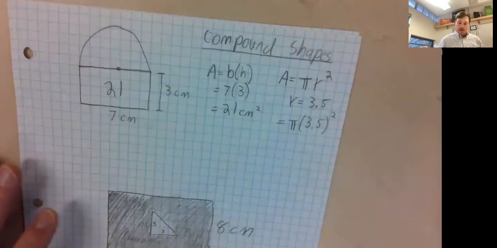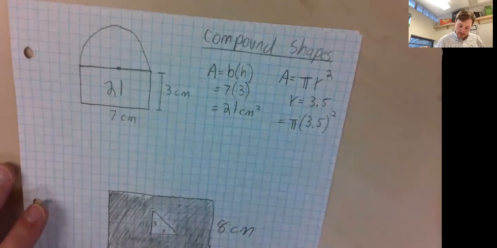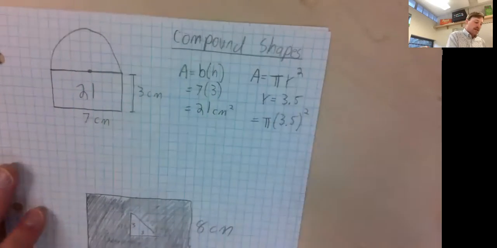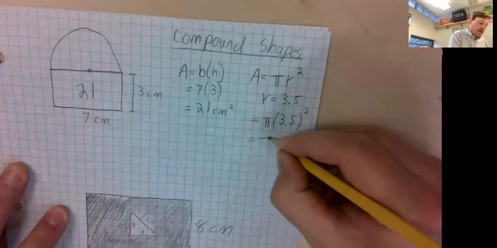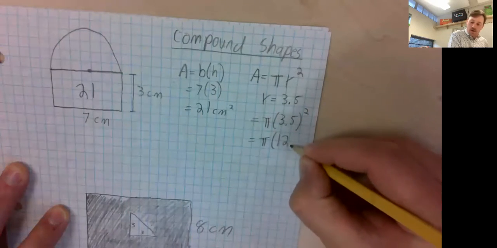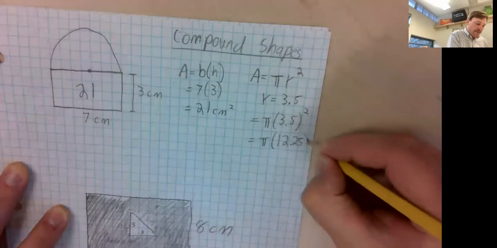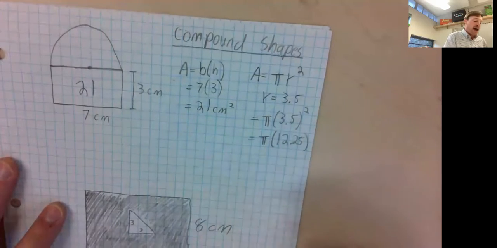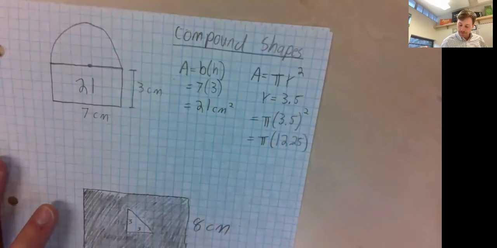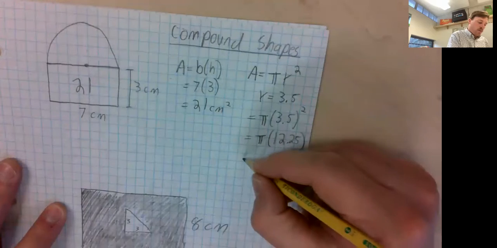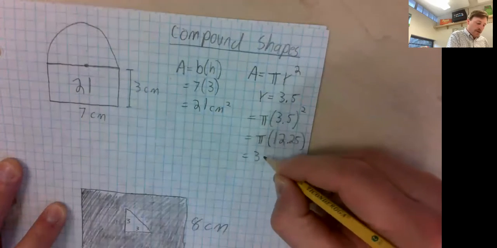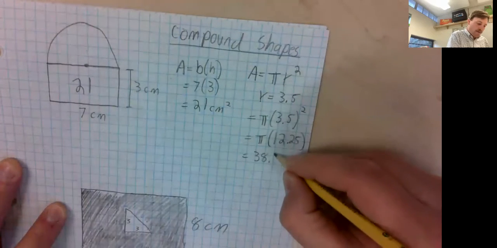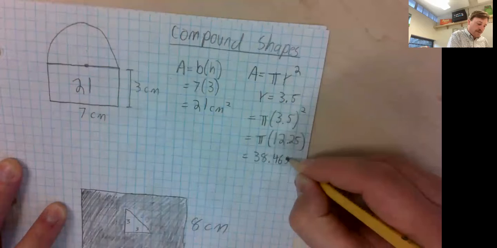First thing we need to do is 3.5 squared. And that's going to give me 12.25. Now I need to multiply that by 3.14. And we're going to get 38.465.